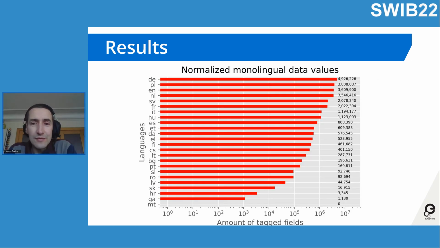So these are just some numbers about the amount of language text that we were able to obtain, in descending order. It was in the order of millions of values for many languages, starting with German, Polish, English, Dutch, and so on.